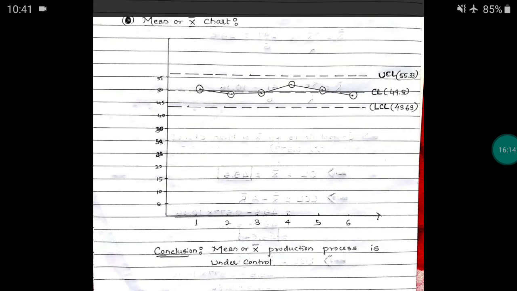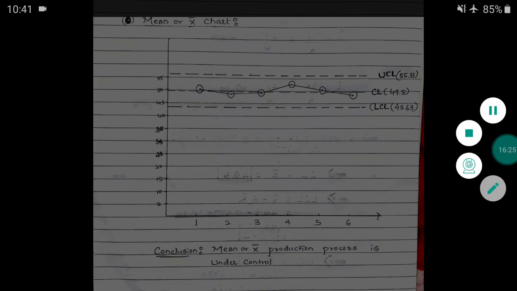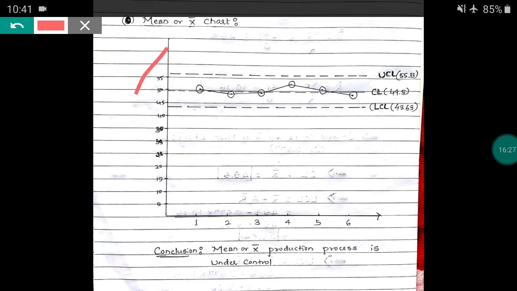Next, come to the chart. You should make a graph. See, here you should write down your observations. UCL is 55.36, CL is 49.5, LCL is 43.63. You should first find UCL, LCL and CL.